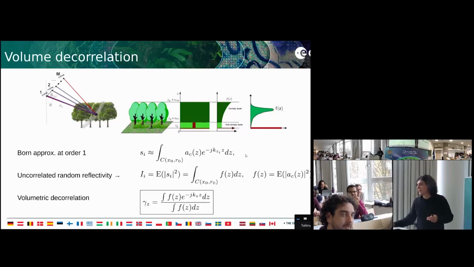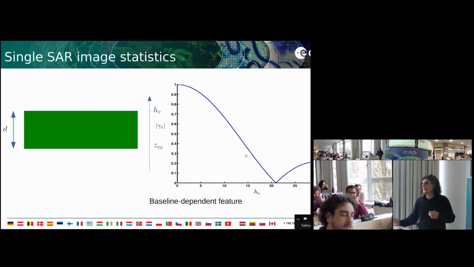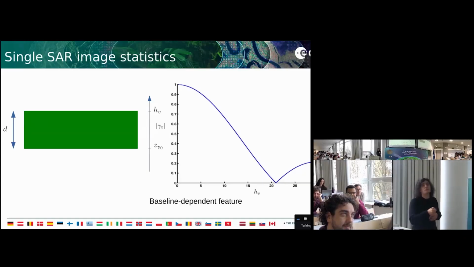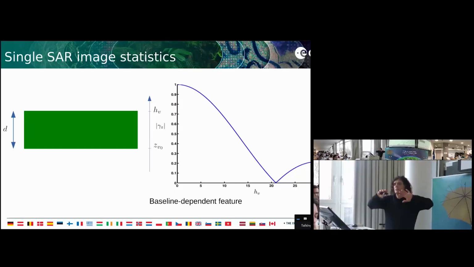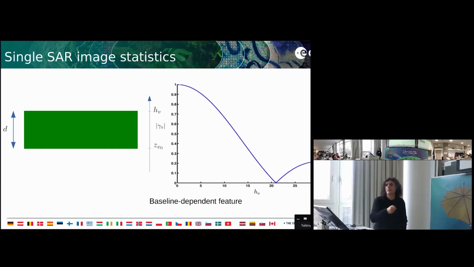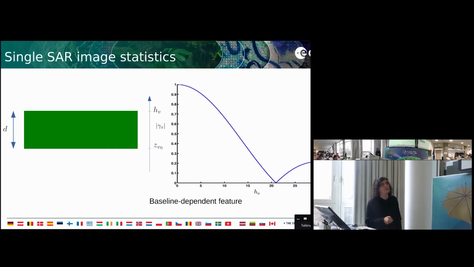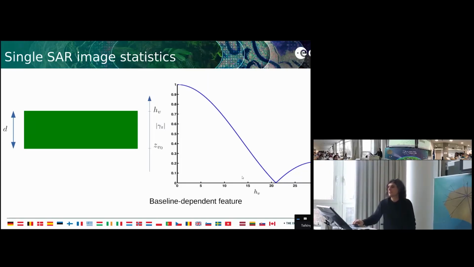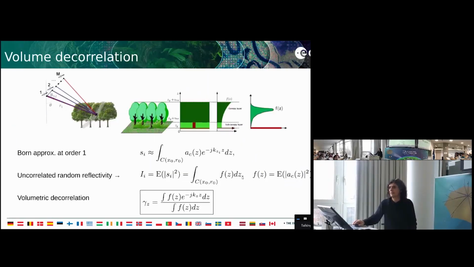Just to give you a flavor of what we are going to do, let's say that you are measuring a volume, a homogeneous volume of a forest which does not attenuate the signal and flies in the air. So it's a very unrealistic forest. But if you do this, then the density of reflectivity for this will be a rectangle, and then the coherence you will measure is a Fourier transform of a rectangle, which is a sinc, a cardinal sine.